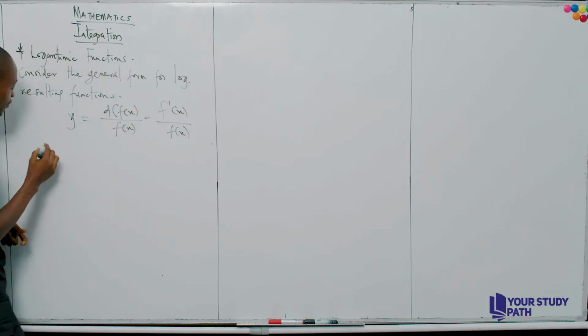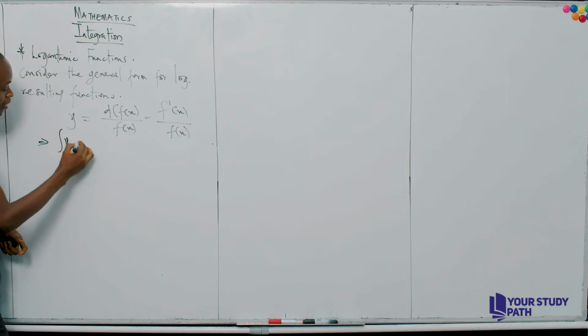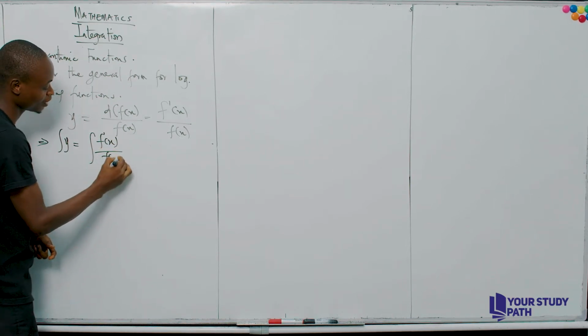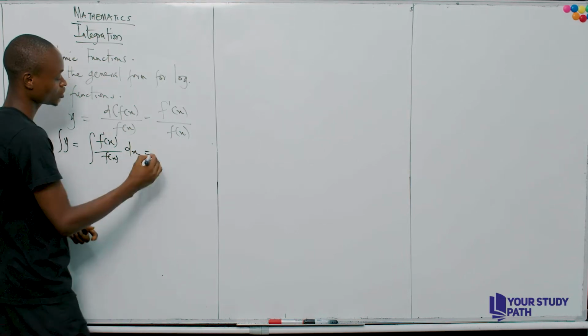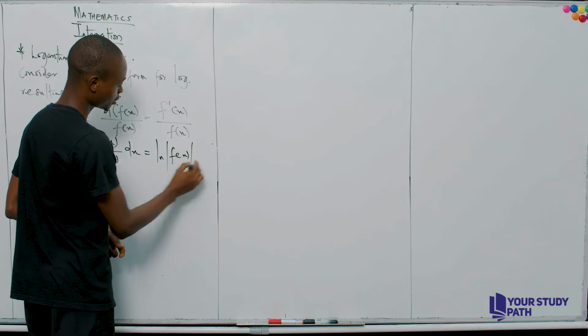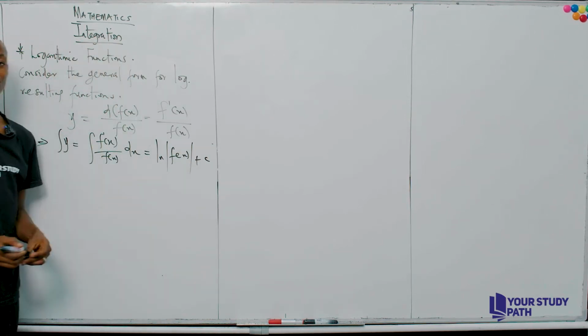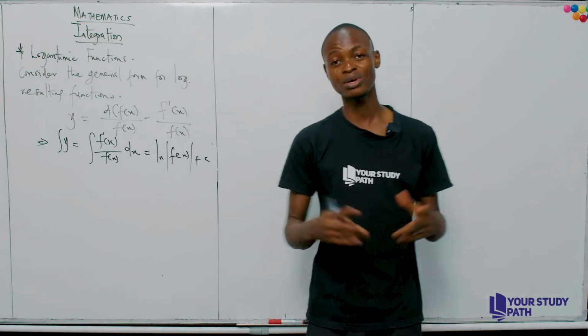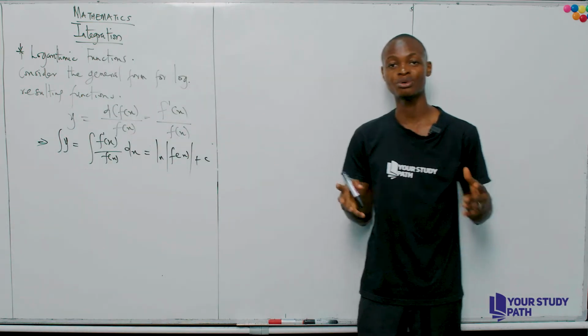So it means that if I take the integral of y, it has to be equal to the integral of f prime of x divided by f of x dx, and my result will now be the ln of f of x plus c. Do not forget there is an absolute value, which means that you do not want to consider whether it's going to be a negative result or a positive result.